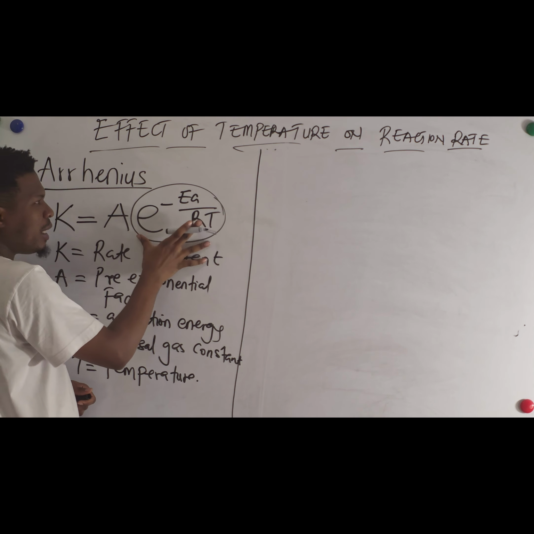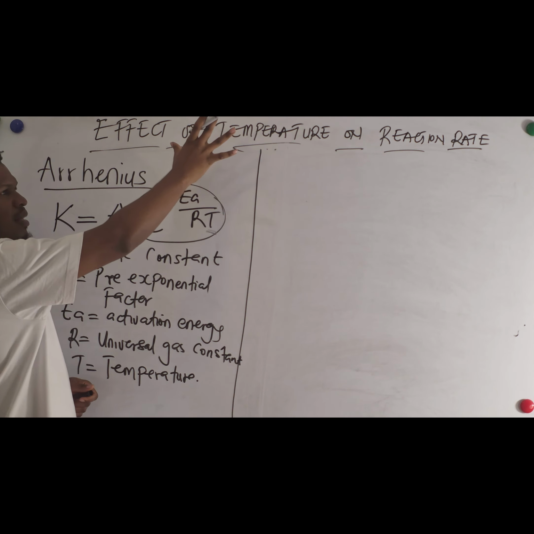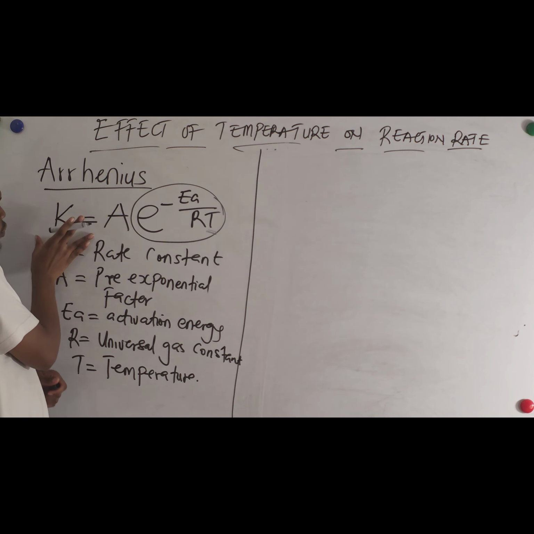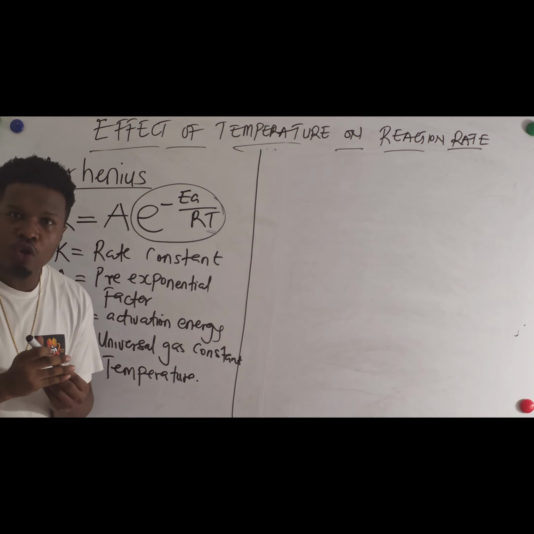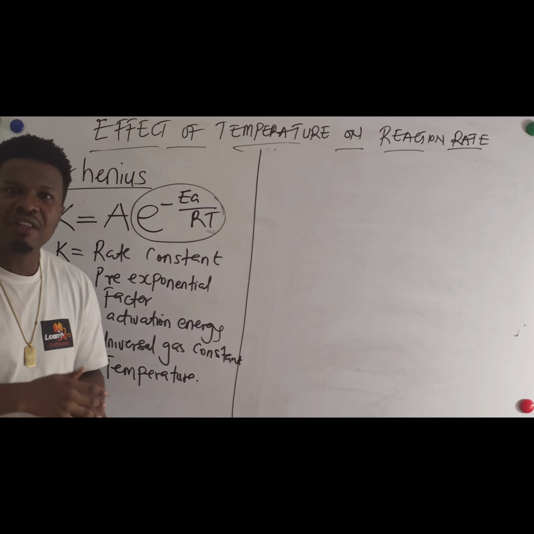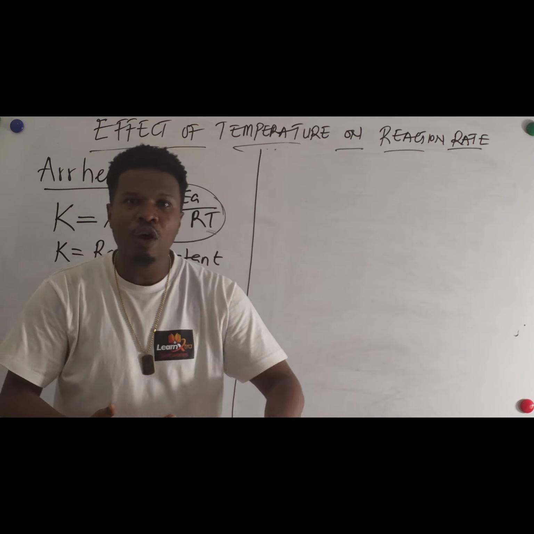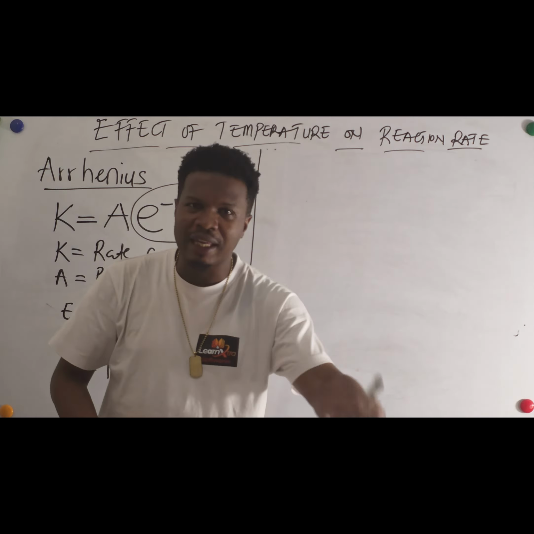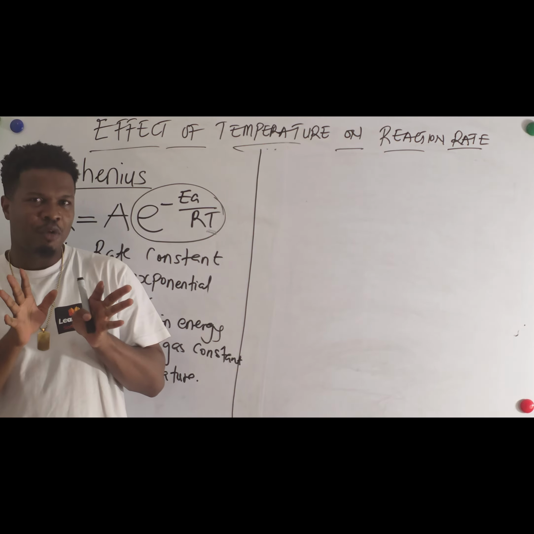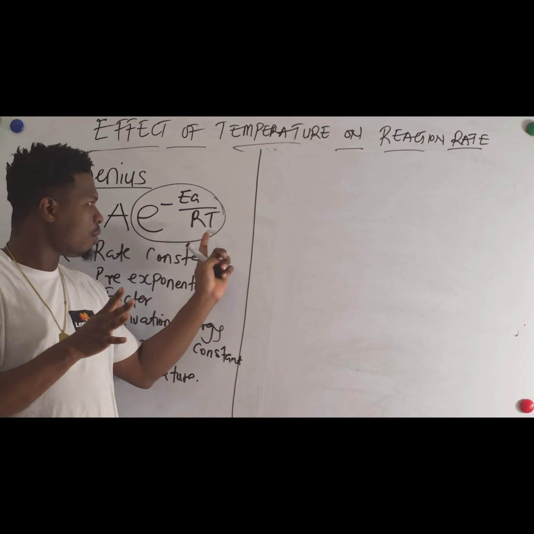And if the exponential factor increases, it means that the value for the rate constant will also increase. And if the rate constant increases, then the rate of the reaction will also increase. Have you seen where it is coming from? It's coming from the temperature.